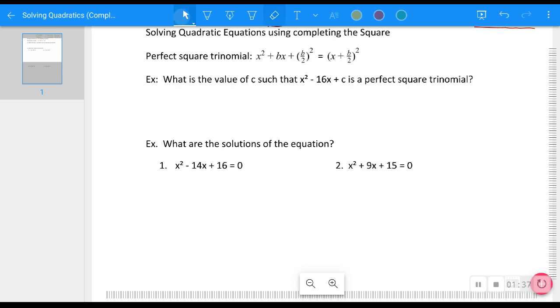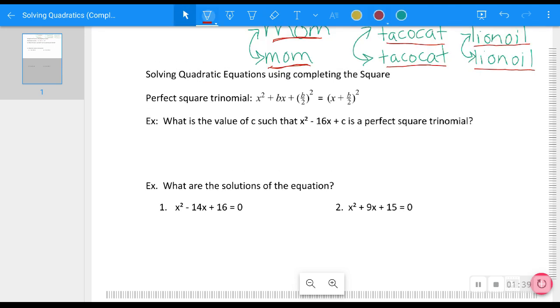So if we go back up to the top a little bit. You guys know we've talked about our standard form for a quadratic equation is going to be ax squared plus bx plus c. So our goal, in order to solve these, is to make it look like something that we were able to factor, because that's how we found our zeros when we were solving by factoring.